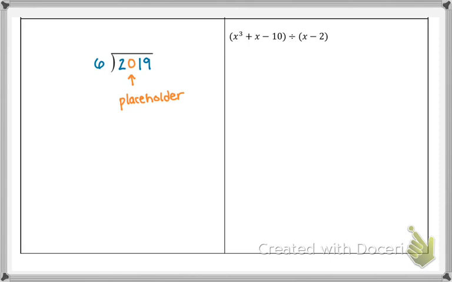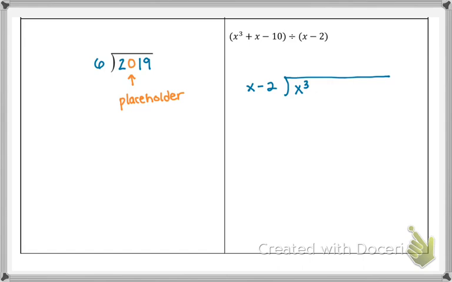And so sometimes we need to put a placeholder if there is a missing term in between that doesn't have a value. And so if we look at the next problem on the right, x cubed plus x minus 10, divided by x minus 2, I'm going to go ahead and put it into the division symbol. X minus 2 is my divisor. And now for my dividend, I have x cubed, that's what I'm starting with.